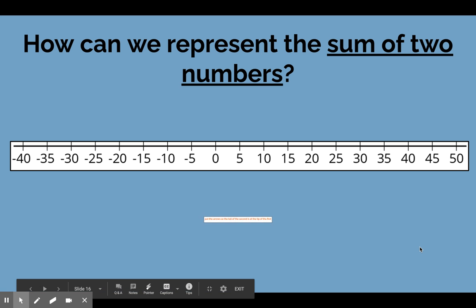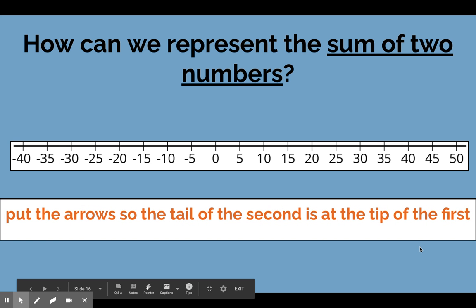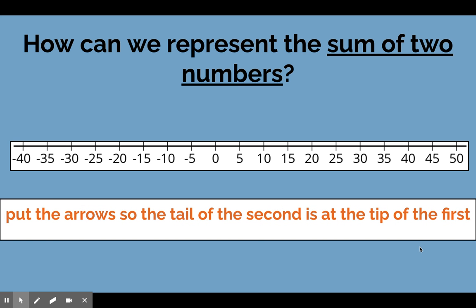And for this one, we're going to put the arrows so the tail of the second is at the tip of the first. So in order to show the sum, we're going to use two arrows so that the tail of the second is at the tip of the first one.